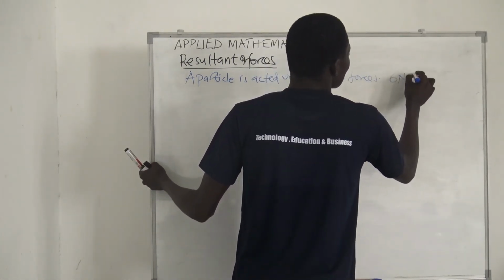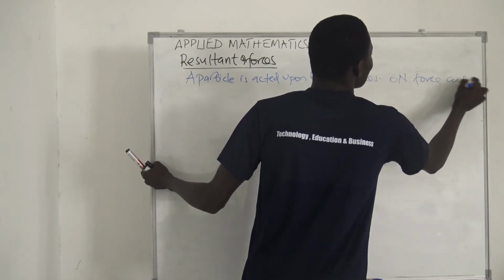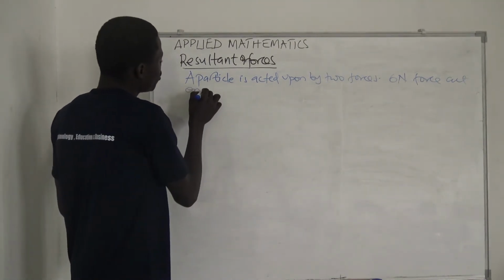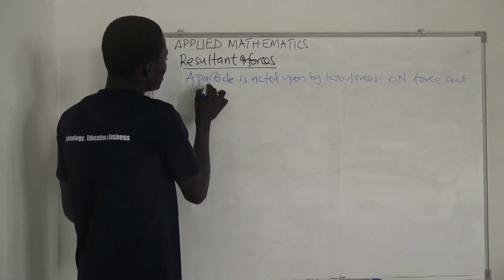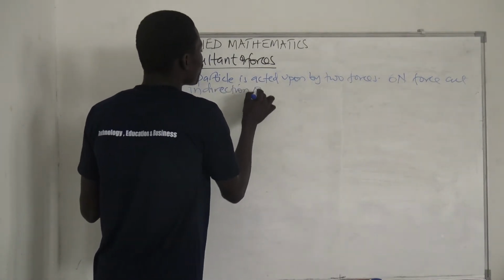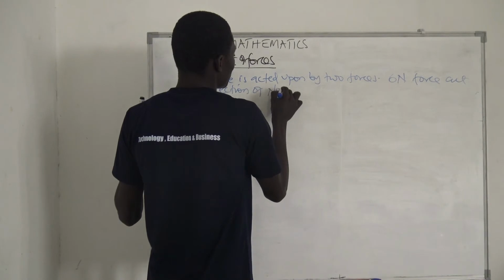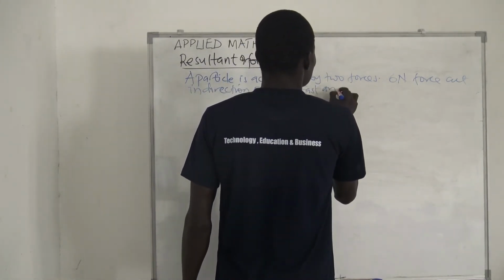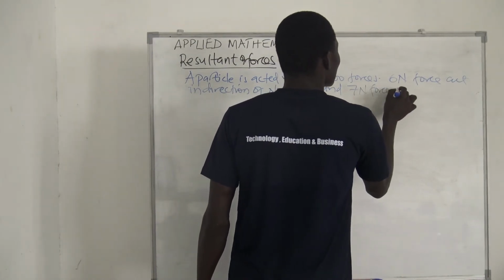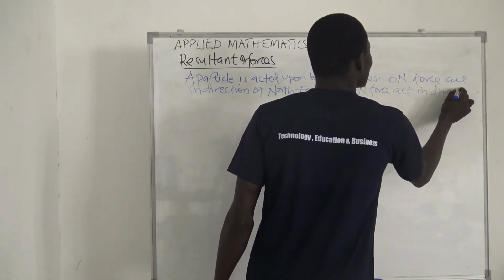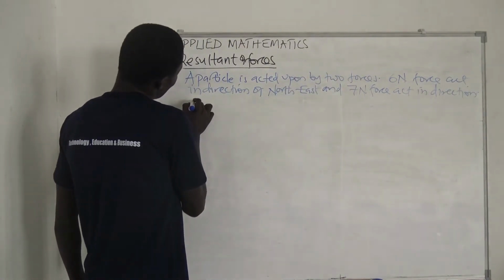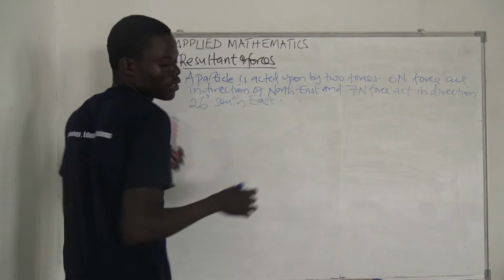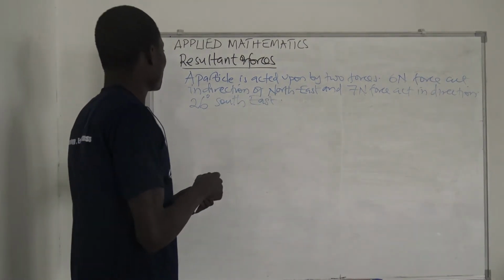Six Newton force acts in the direction of northeast, and 7 Newton force acts in the direction of 26 degrees south east. That's our example number 1.